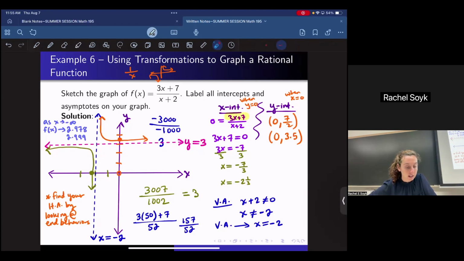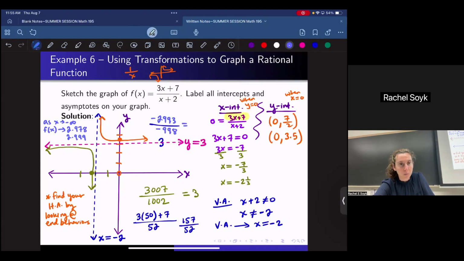And how you can do that is, well, we did negative 3,000 or negative 1,000. And so negative 1,000 plus 7 times 3 is negative 3,000 plus 7 gives you negative 2,993. And then negative 1,000 plus 2 gives you negative 998.